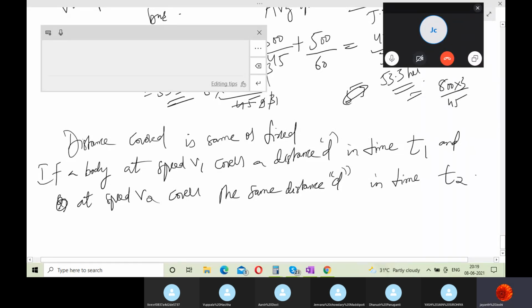Okay, so here suppose a train is going from Hyderabad to Delhi with some speed.